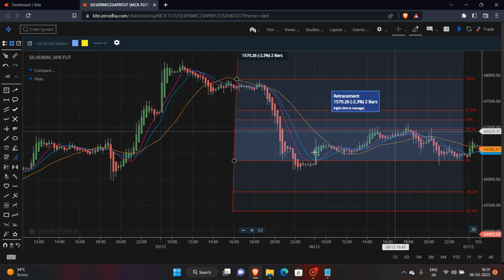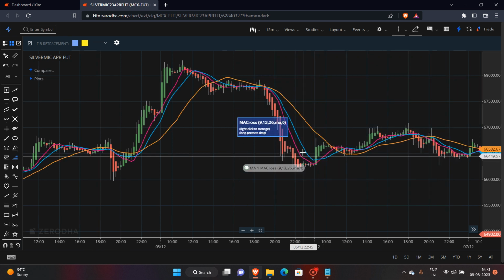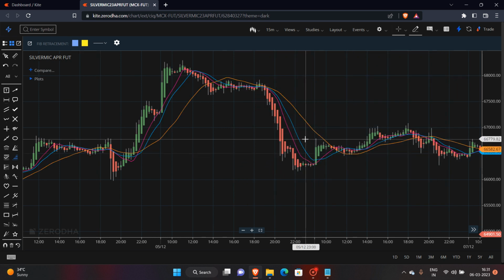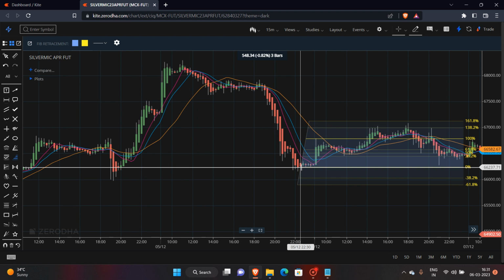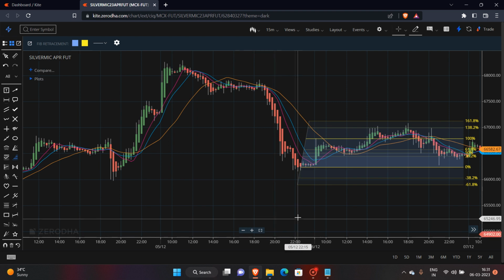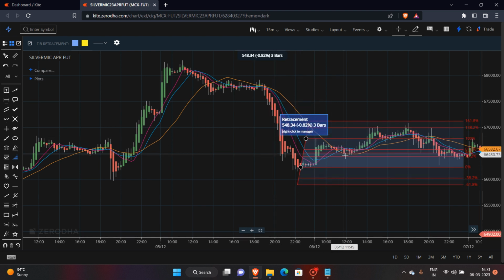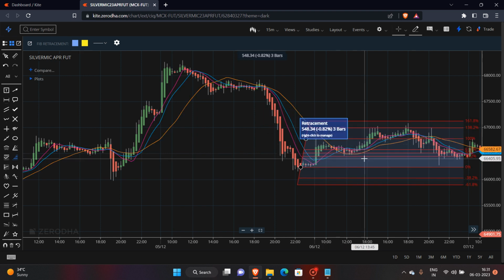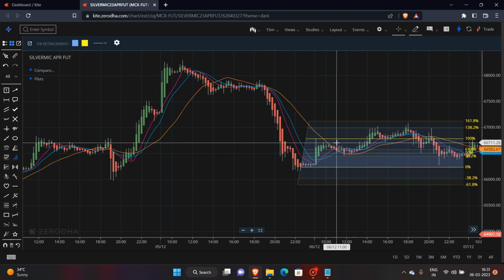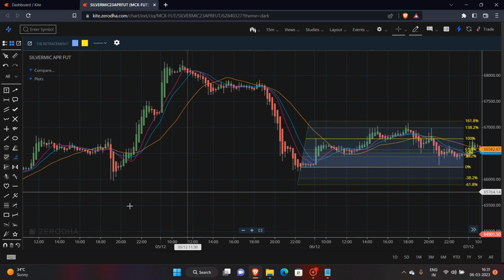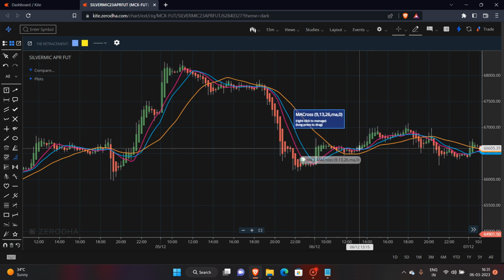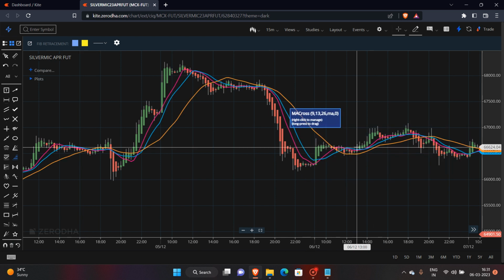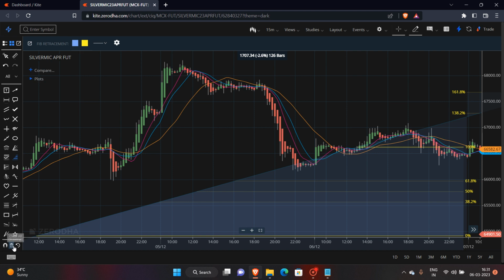Let me draw the swing high and swing low. The market went up, then again it retraced till 38. When it bounced back from here, it broke this channel, and again it went up.